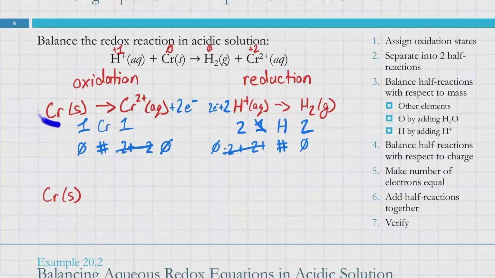So Cr solid, and then 2 electrons, 2 hydrogen ions.